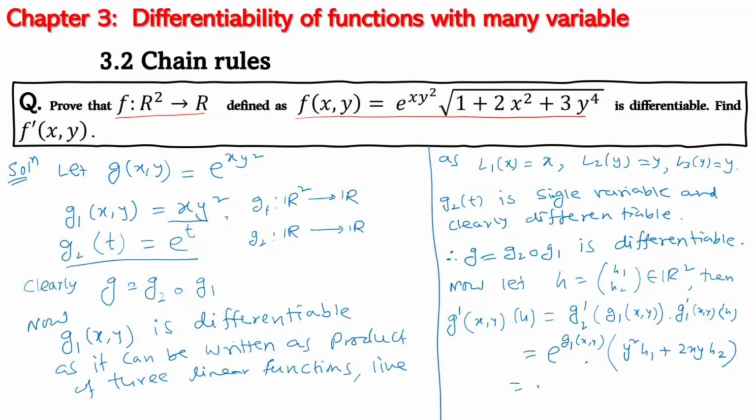Now just substitute: e to the power x y square times (y square h1 plus 2xy h2). Let's note it down as equation 1.